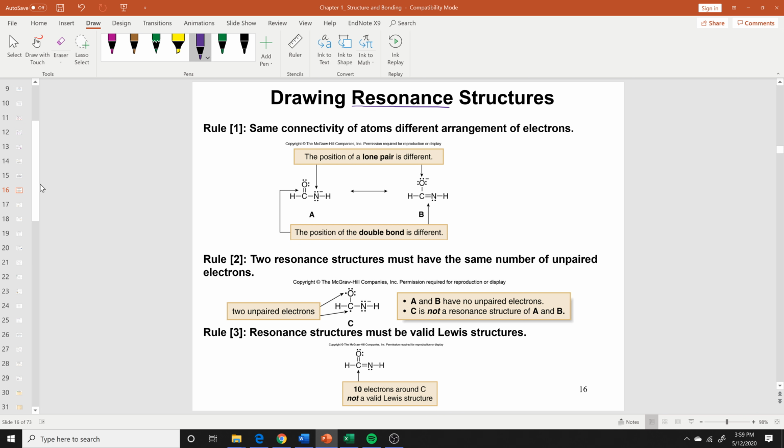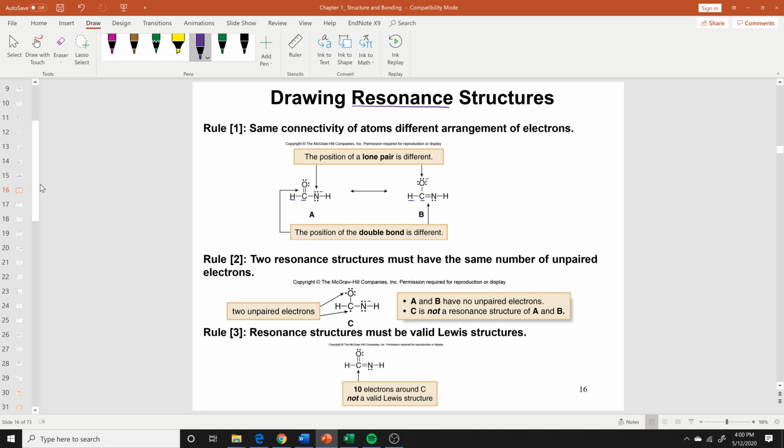So the electrons are different, but the connectivity is the same. Hydrogen connected to carbon, hydrogen is connected to carbon. Carbon connected to oxygen, carbon is connected to oxygen there. So these two, A and B, are basically resonance structures of each other.